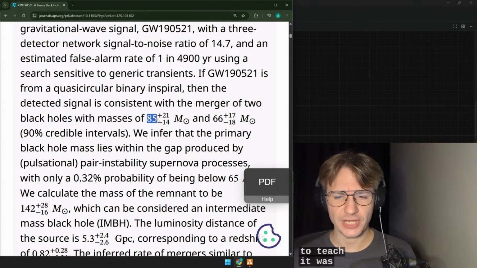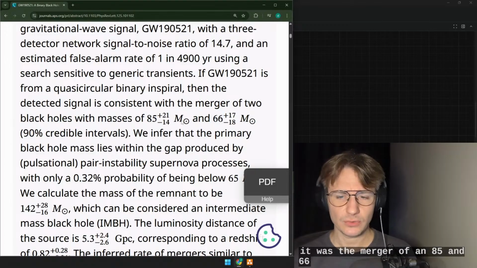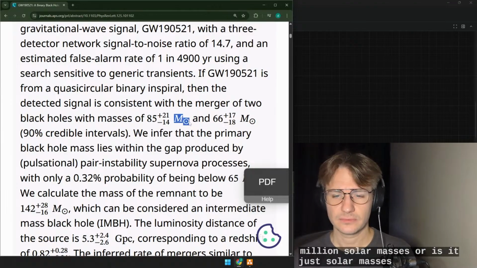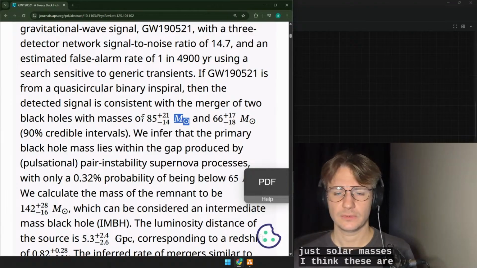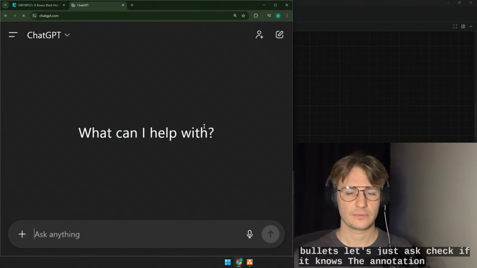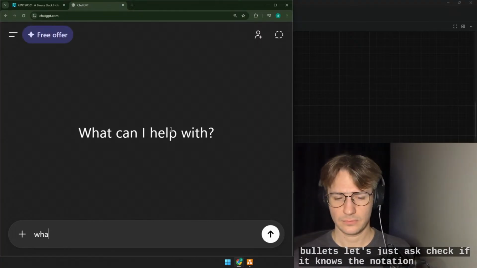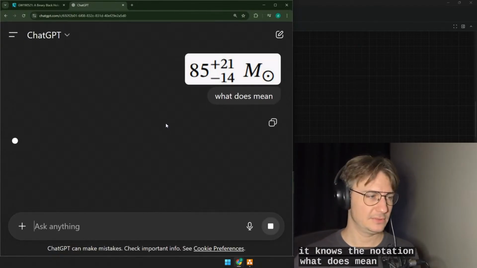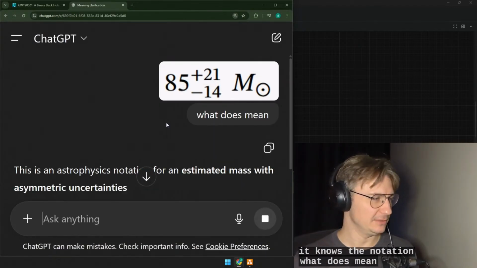It was the merger of an 85 and 66 solar mass pair, or is it just solar masses? I think these are... Well, let's just ask ChatGPT if it knows the notation. What does it mean?